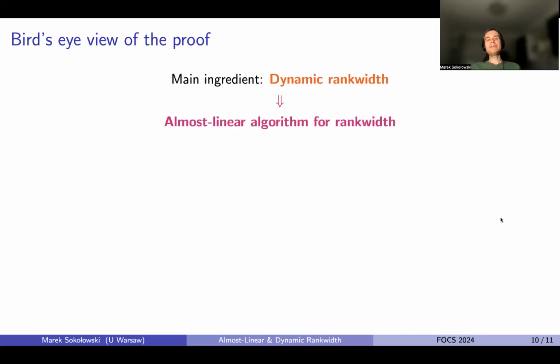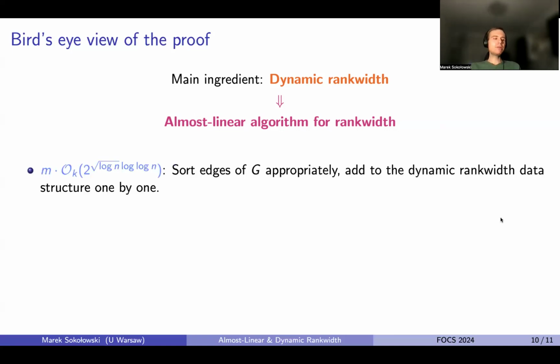Okay. And finally, I would like to describe how dynamic rank width is very briefly used in the construction of an almost linear algorithm for rank width. So if we are okay with an almost linear time that is not fully linear in the number of edges of the graph, the only thing that's necessary is to sort the edges of G in some appropriate, well-known way, and add them to the dynamic rank width data structure one after another.